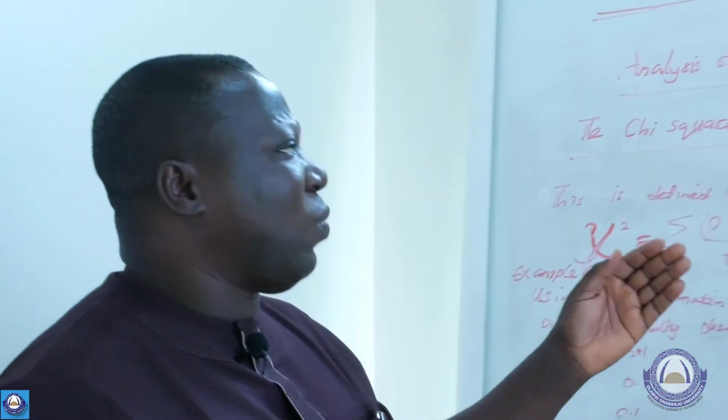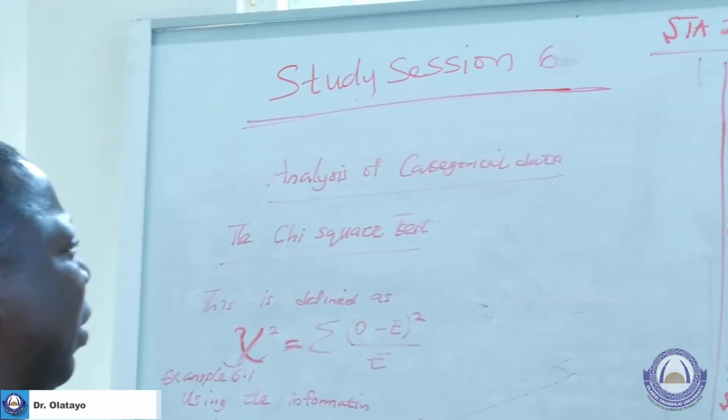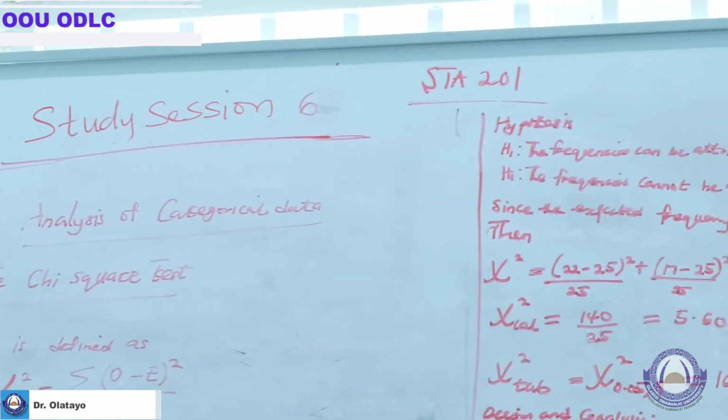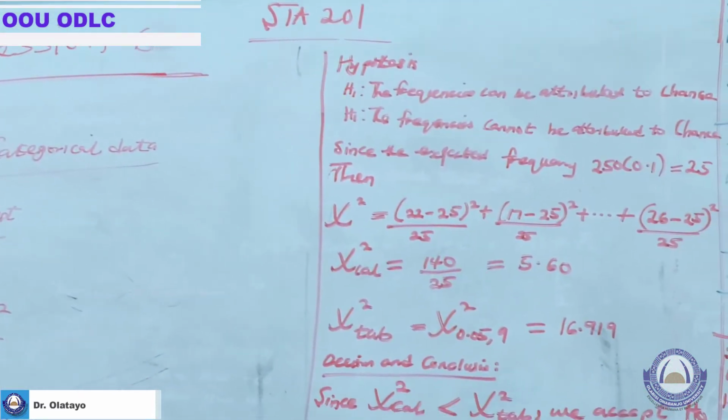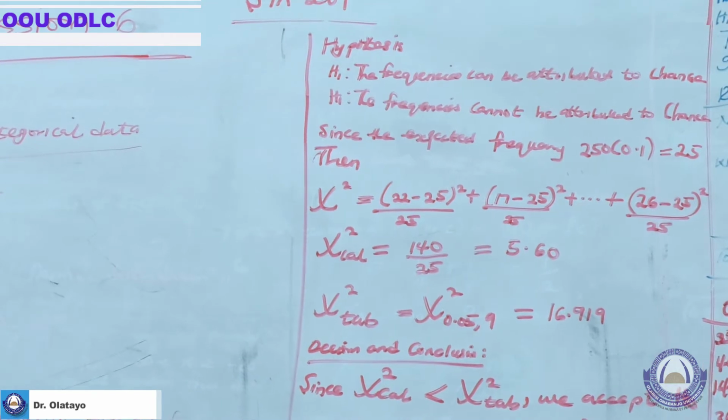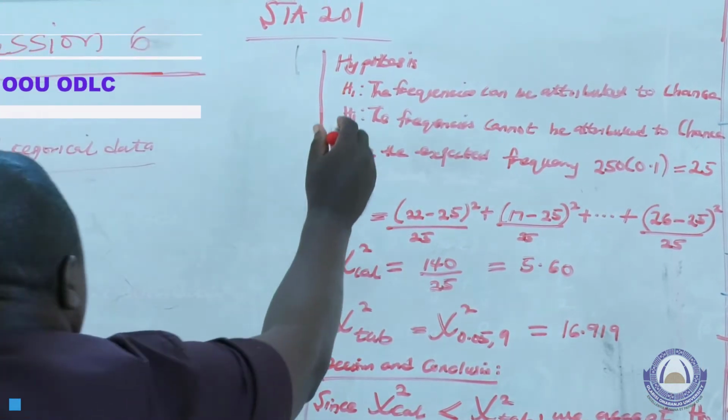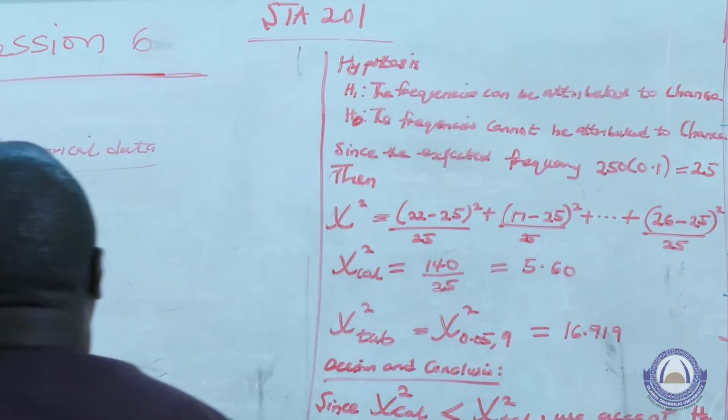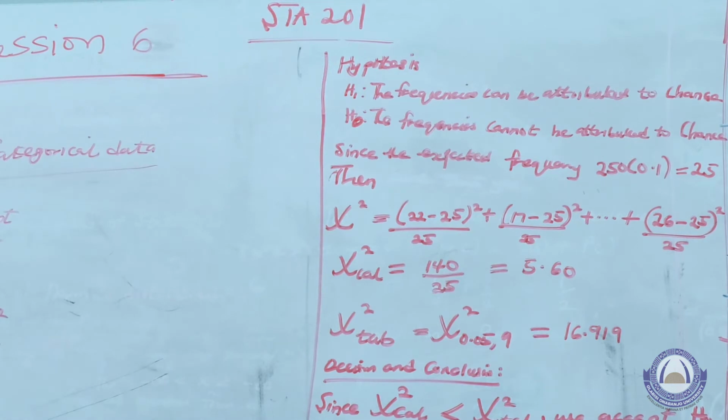Now, the hypothesis we have to test is H0: the frequencies can be attributed to chance. And H1, which is the alternative as discussed in section 5, is that the frequencies cannot be attributed to chance.